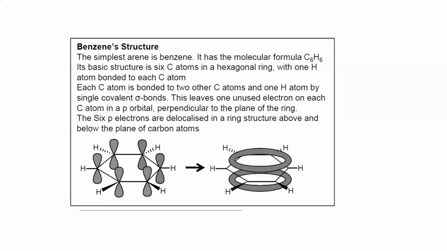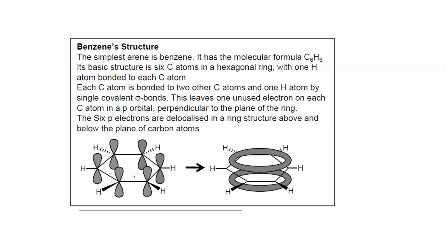So the simplest arene is benzene. It has the molecular formula C6H6, and its basic structure is a hexagonal ring of 6 carbon atoms with 1 hydrogen atom bonded to each carbon. Each carbon is bonded to another carbon, and there are 6 sigma bonds.